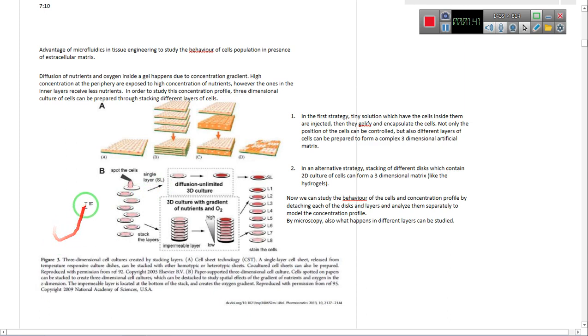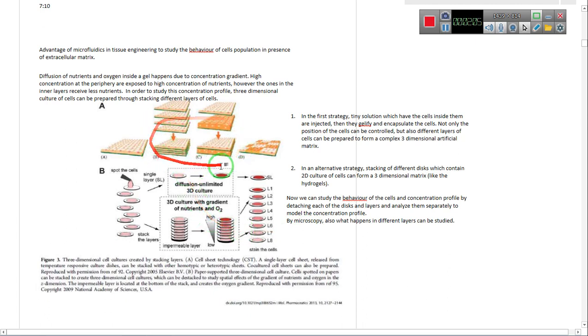For example, if we have a lot of oxygen here and a little bit of oxygen here, because the concentration of oxygen in this part is higher compared to this part, they will flow with respect to Fick's law, and this is called diffusion.